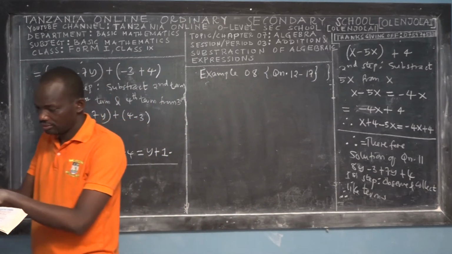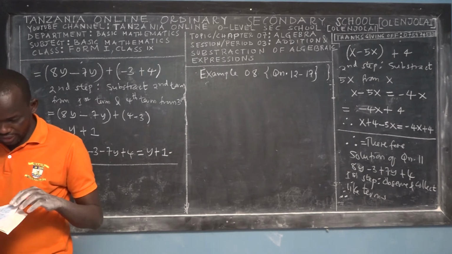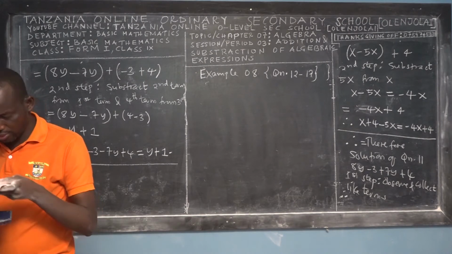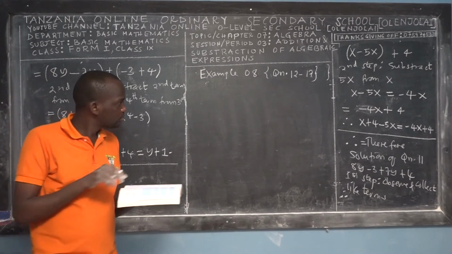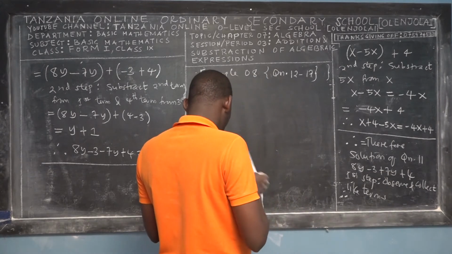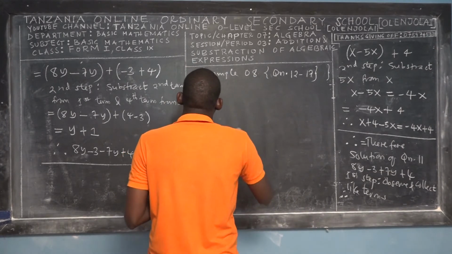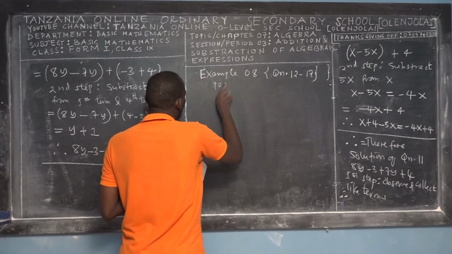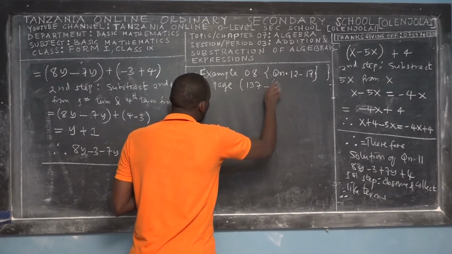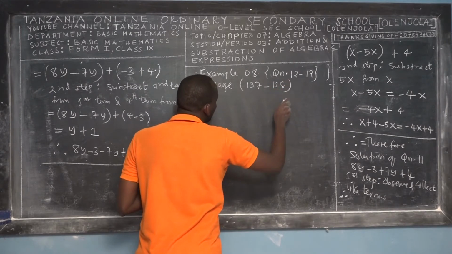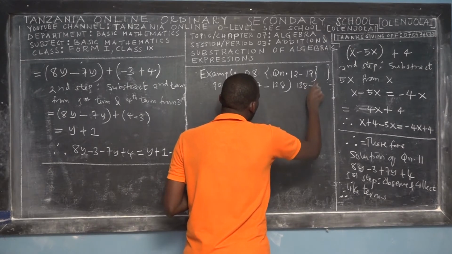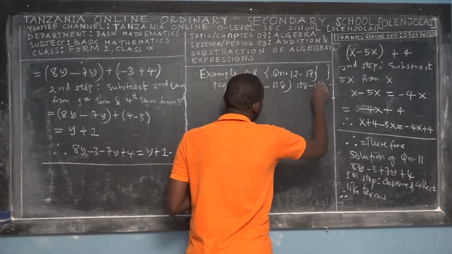It's found in page 138 to 100. 138, yes, 137. Excuse me, just a minor correction. The page from the book is 137, 138. So I said previously 138, 139.